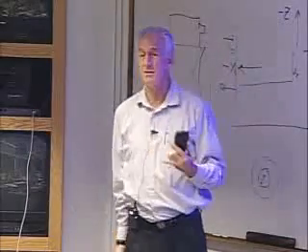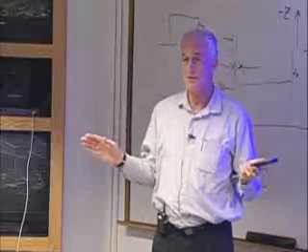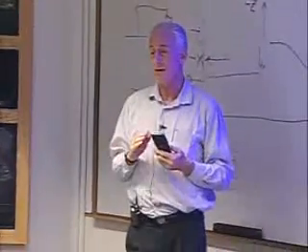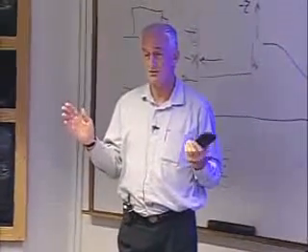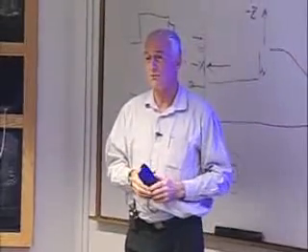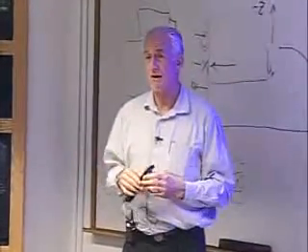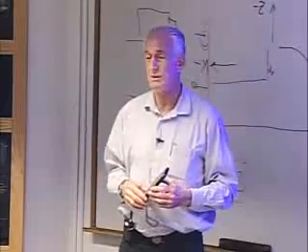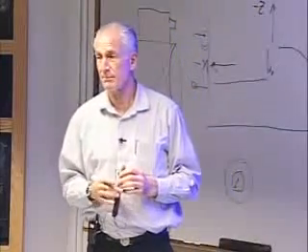So the verniers are single string, there's no redundancy, they do have axis to axis cross coupling, they're designed for attitude control only, 25-pound thrusters, reasonably efficient.